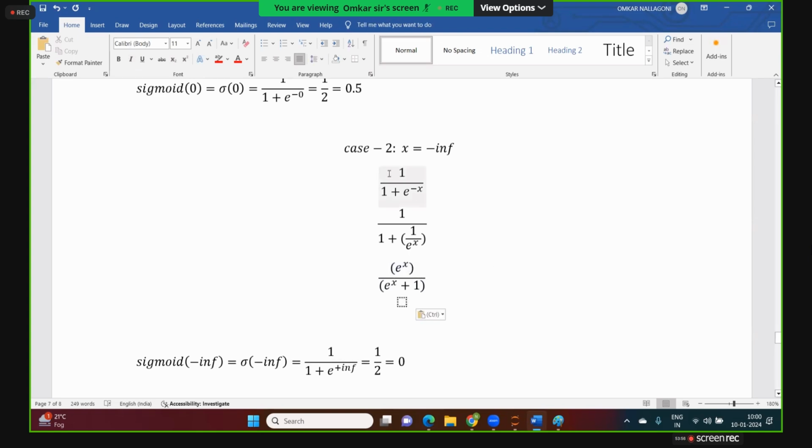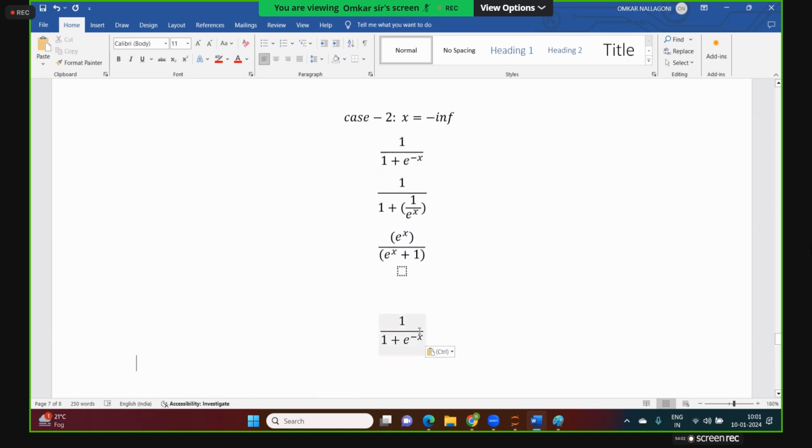So this part, 1 by 1 plus e power minus x, is now equal to what? It is equal to e power x by e power x divided by 1 plus e power x. Both are the same.